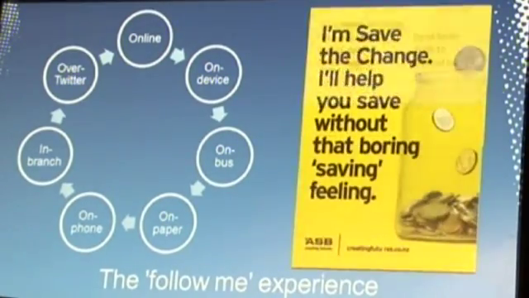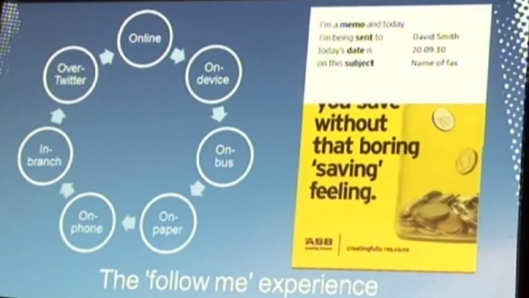This is a bunch of work that ASB's been doing recently, trying to align all that branding, all those experiences across all their various touch points. Such that my relationship with my bank becomes less about occasional deep interaction and more about a continuous shallow interaction. Does that make sense?